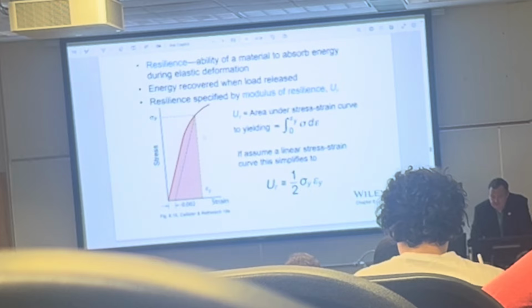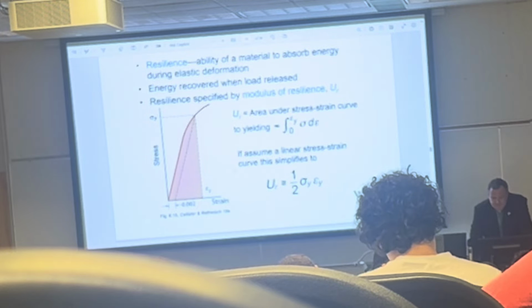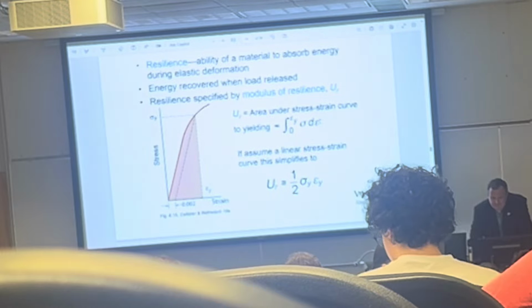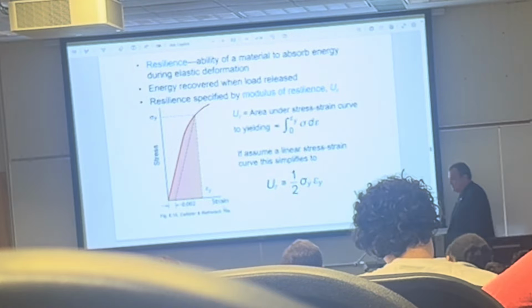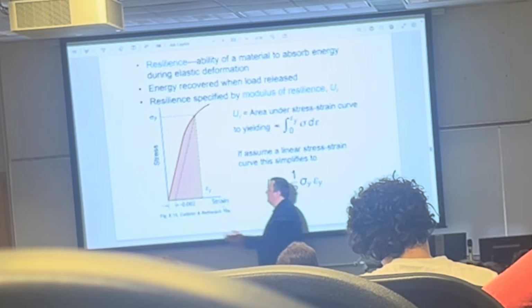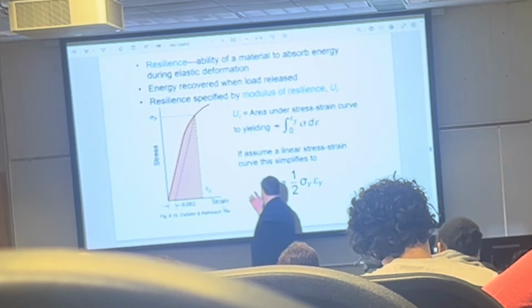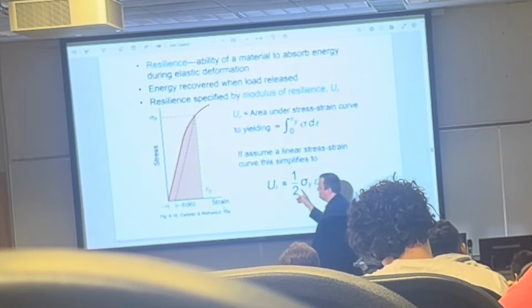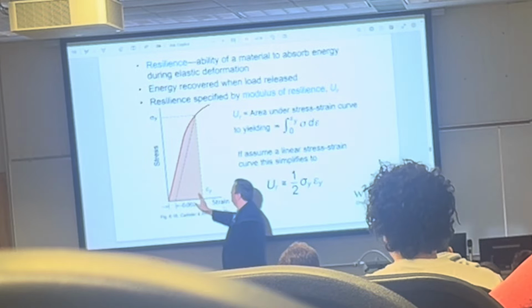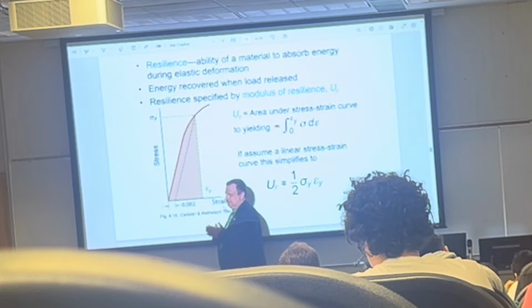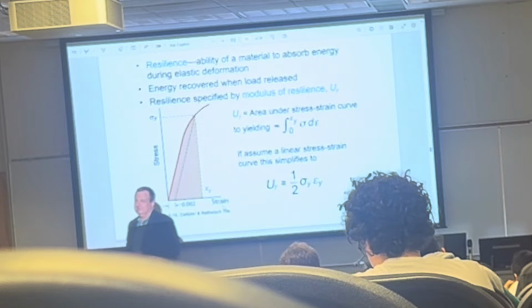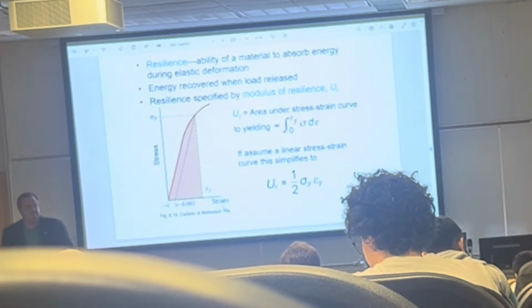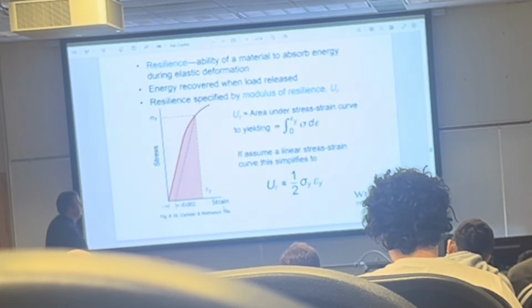The area under the stress strain curve is equal to the integral from 0 to epsilon y of sigma d epsilon. If we assume that the stress is proportional to strain, we're just taking the area of this triangle, which is equal to 1/2 sigma yield strength times epsilon yield, which is the strain at yield. The offset is pretty much ignored because it's right there. So this is called resilience.